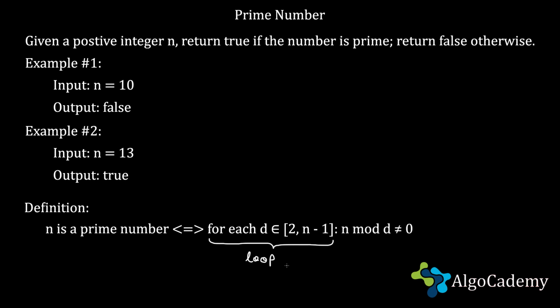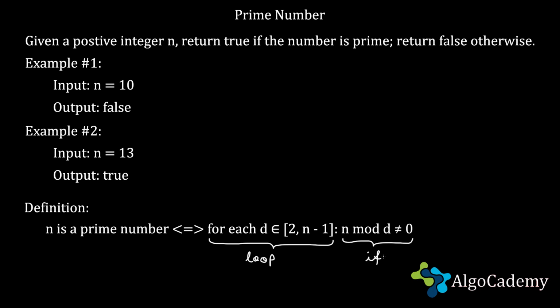And the easiest way is using a for loop because the instructions are pretty simple. Initially, d equals 2. d will always get increased by 1 in order to check all of the values in this range, and d should always be less than or equal to n minus 1.